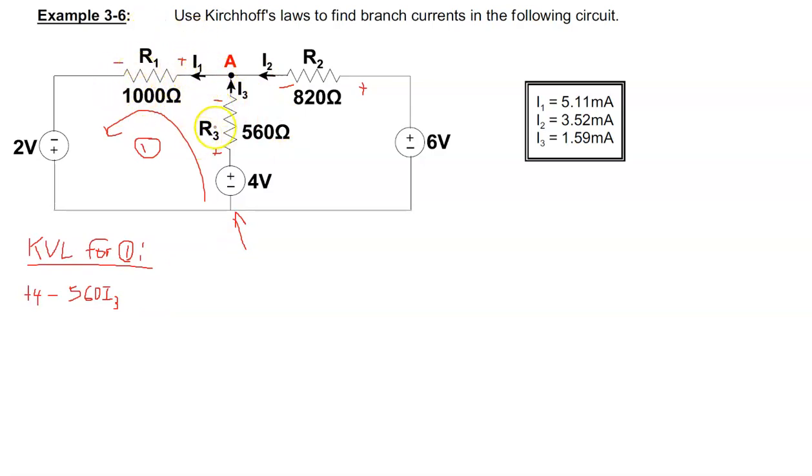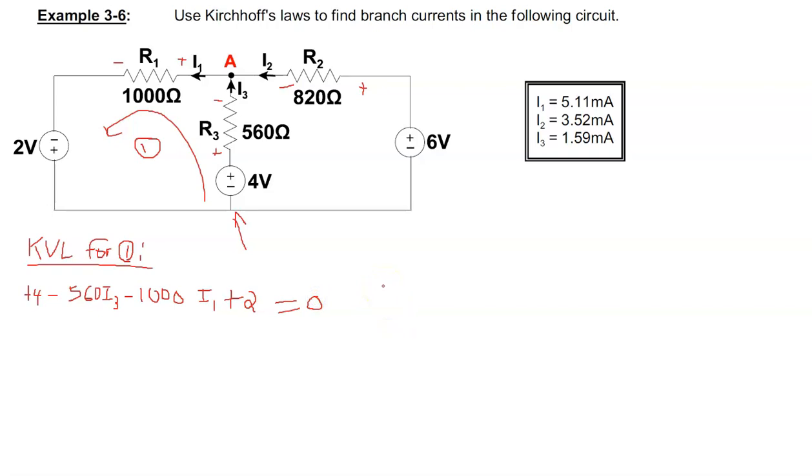Again, going counterclockwise, it's from a positive sign to a negative sign, so a drop in potential: negative 1000 multiplied by I1. Now our 2-volt source, we're going from a negative to a positive, so that's a rise in potential, so we have plus 2. We have completed the loop. That sum is equal to 0.